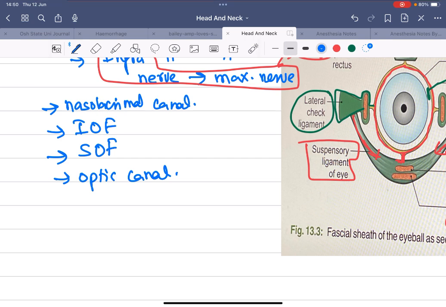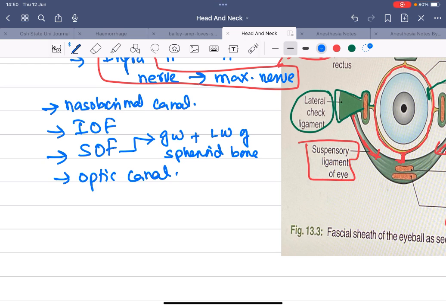These are passing. Superior orbital fissure, very, very important. Please remember, it lies between the greater wing and lesser wing of the sphenoid bone. So between the greater wing and lesser wing of the sphenoid bone, your superior orbital fissure is forming.